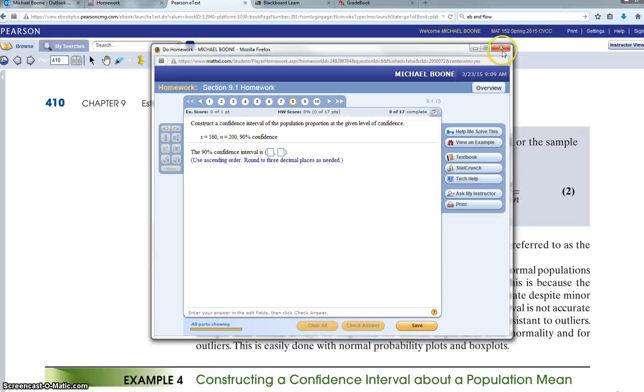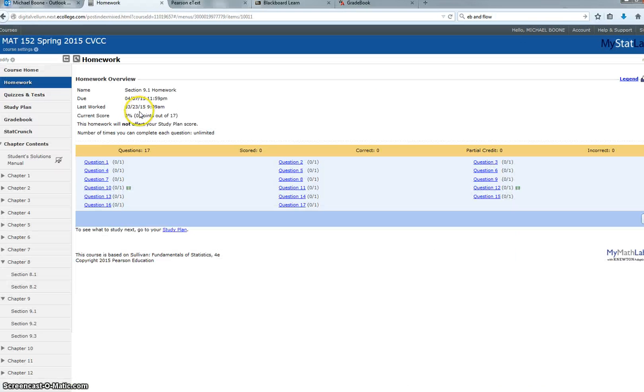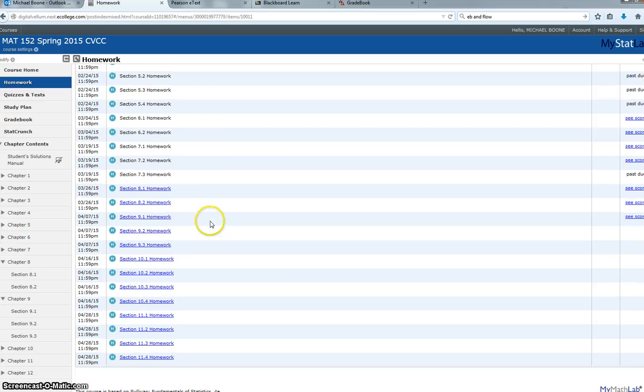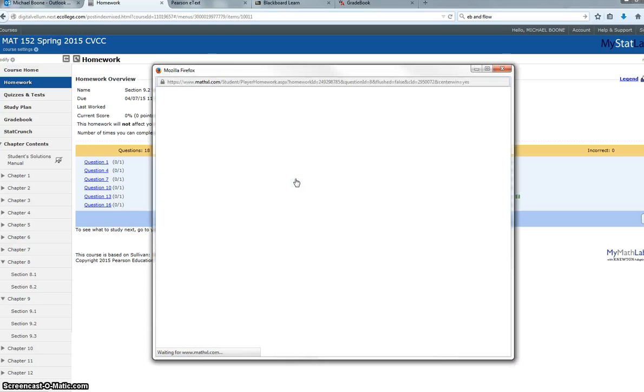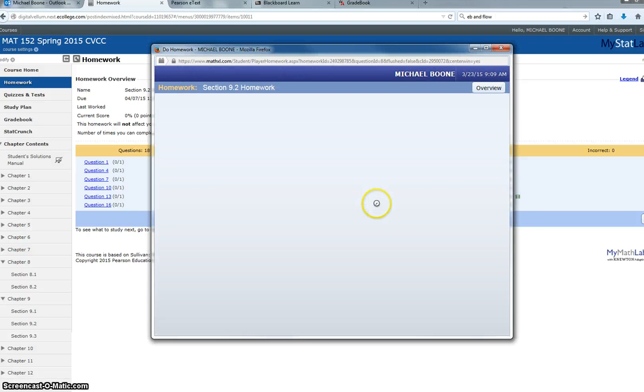So now we can look at a question from section 2, and we'll see how StatCrunch wants us to input it.